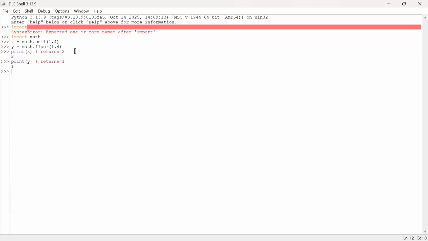Is it because the first one is like rounding up? Rounding up. And the second one is like rounding down. Yes, sir. That's an interesting way to explain it.